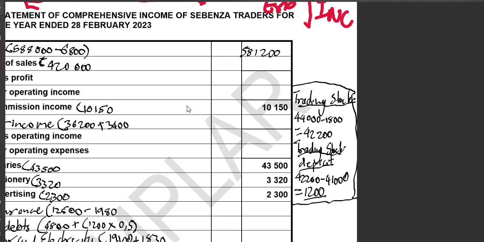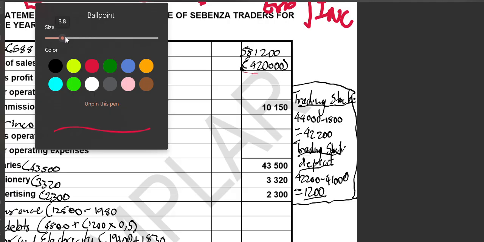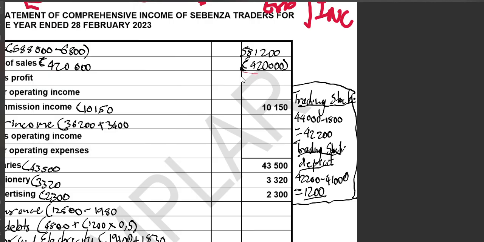That's 581,200, and then our cost. What happened to our cost? It has not changed. We open a bracket: 420,000. We close the bracket. Now we need to find the answer. I wanted it small at that time, but now I needed it a little bit bigger.